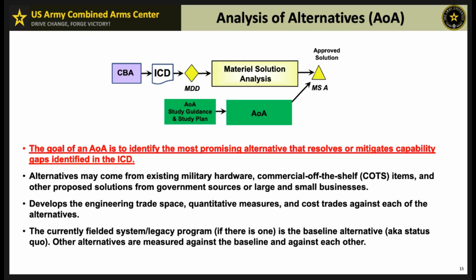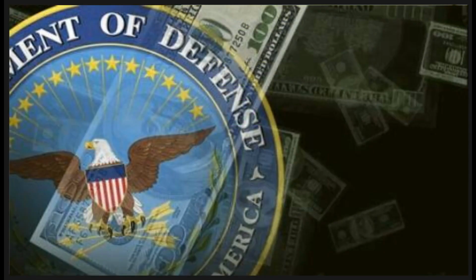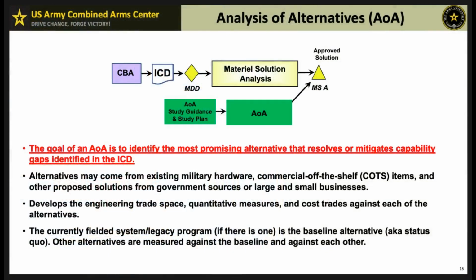at milestone B. For ACAT-1 programs, public law mandates that the milestone decision authority certify that an AOA has been conducted according to guidance from the Director of Cost Assessment and Program Evaluation, or CAPE. Further certification to Congress is required at milestone B. Updates.